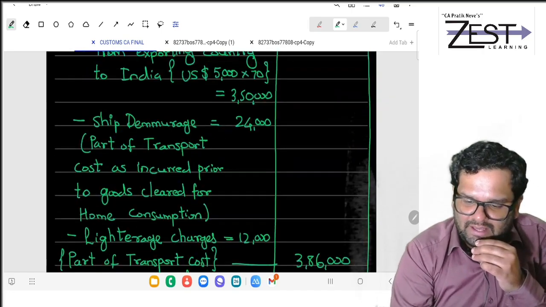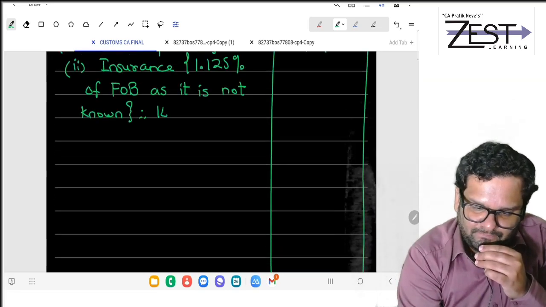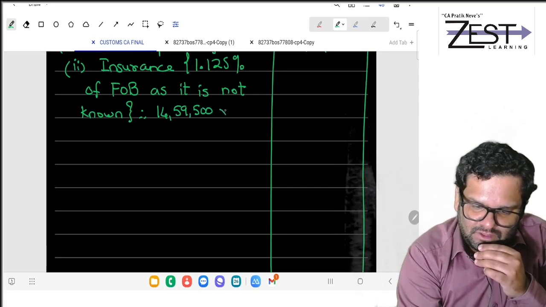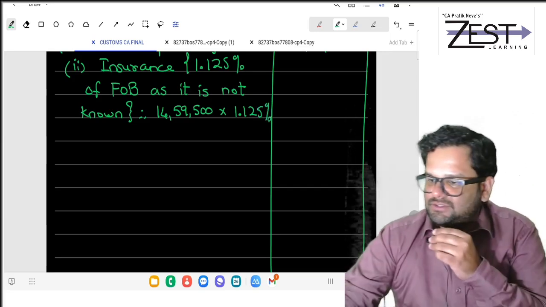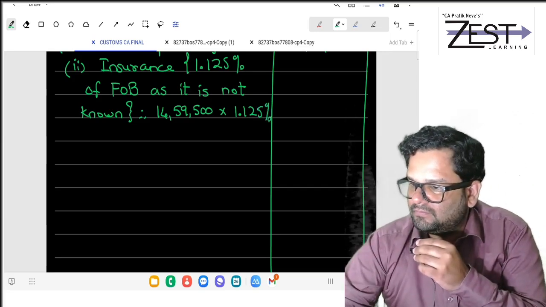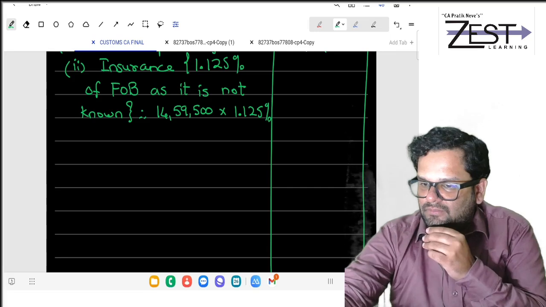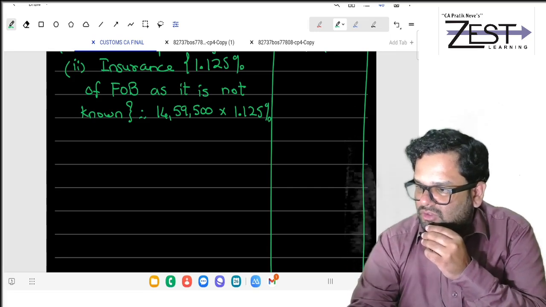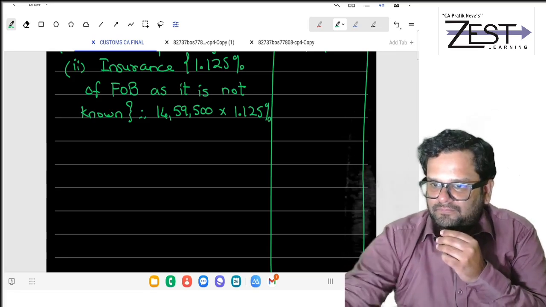Therefore, 14 lakh 59,500 into 1.125%. Are you getting 1 lakh, sorry, 16,414?